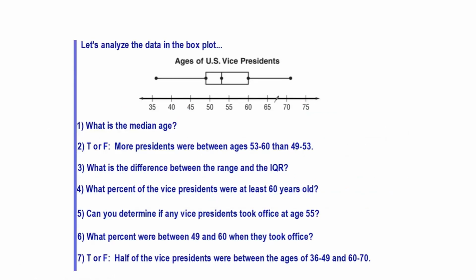Good. I want us to attempt this one. Question number 1: what is the median age? 52.5, approximately. Now, there are more presidents between the ages of 53 to 60 than 49 to 53. False.